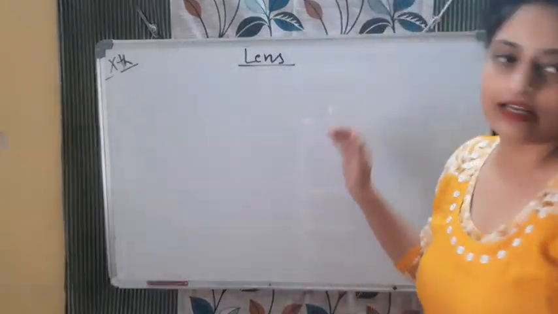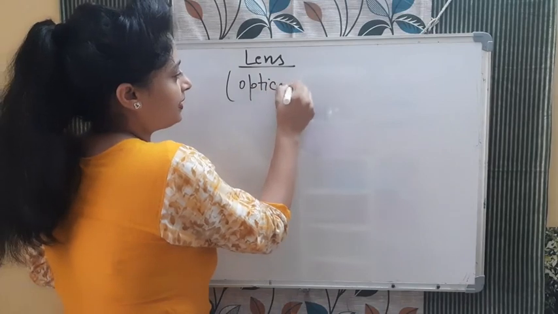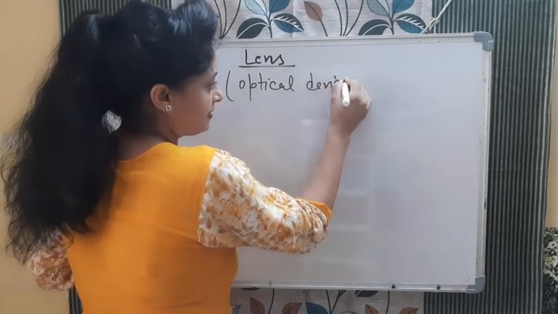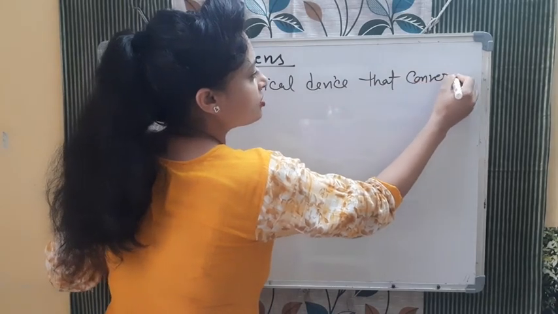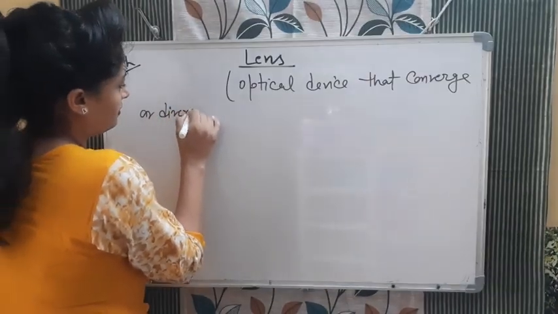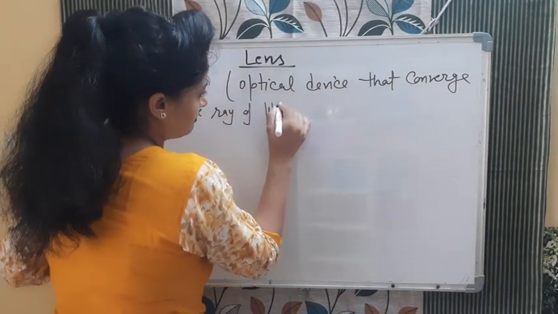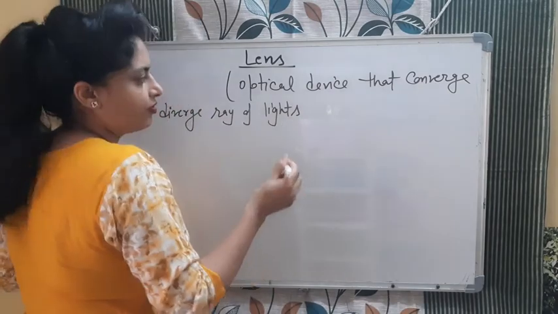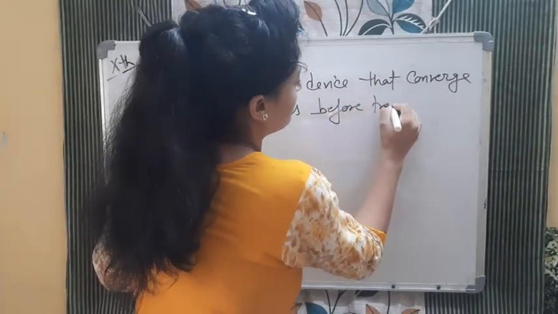Okay, so lens. What is lens? Lens is an optical device that, very simply, converges or diverges rays of light before transmission.